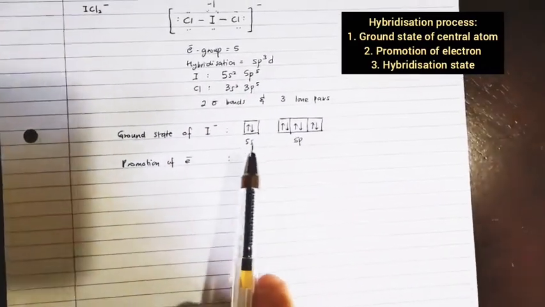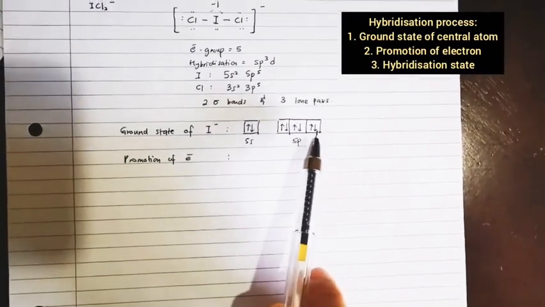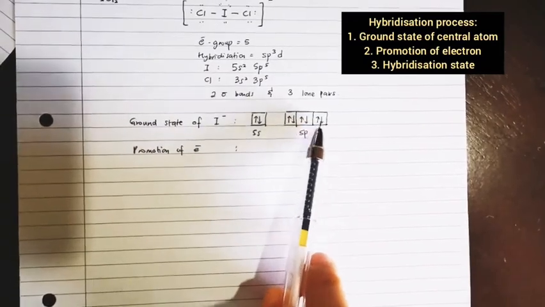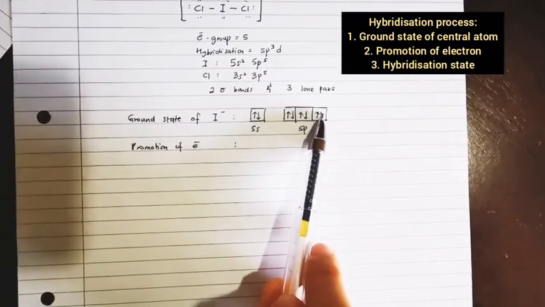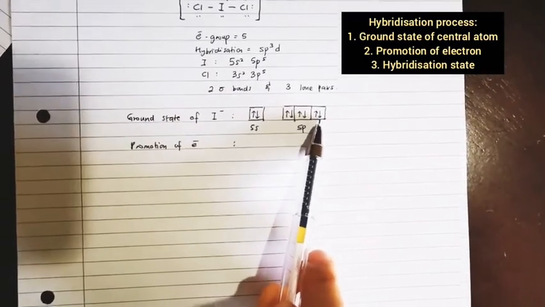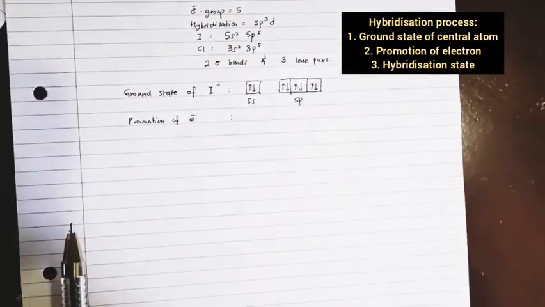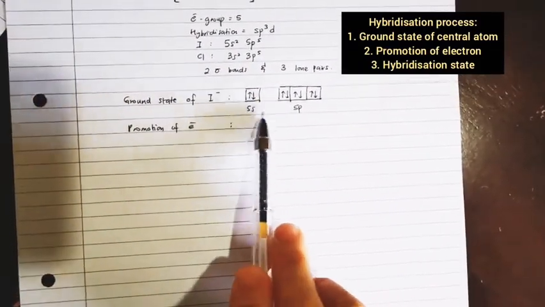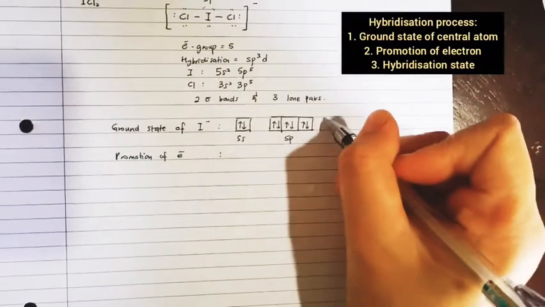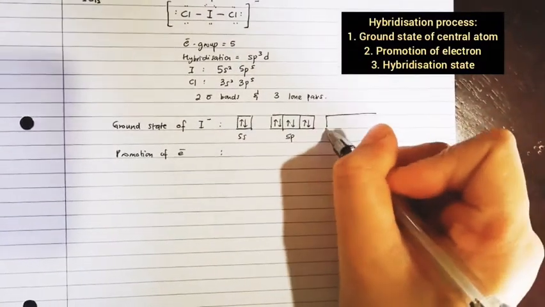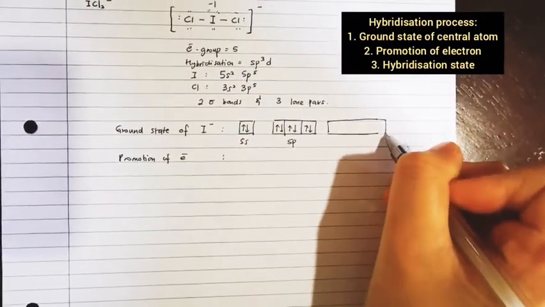Okay, class. Now, when we want to make it single electron, we have to promote this 1 electron to another empty orbital. So 5s, 5p, actually here we also have empty 5d orbital.